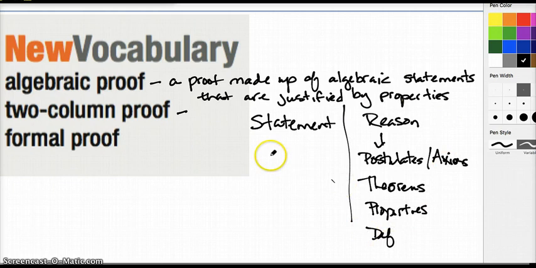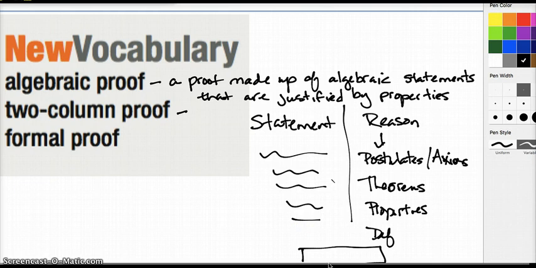So that's going to be the reasons for all of the statements that you're going to make, leading to a particular conclusion. Another name for a two-column proof is a formal proof. So a two-column proof is a proof that's written up with statements in one section and reasons on the other side. And so with that, let's get to a couple of examples.